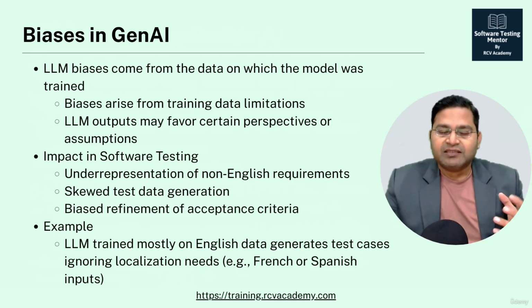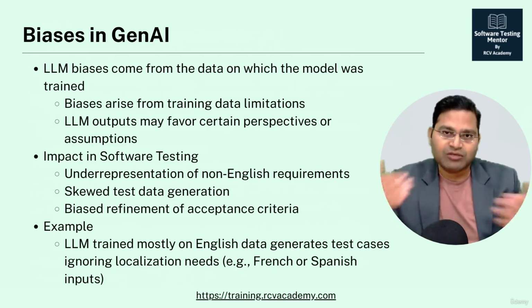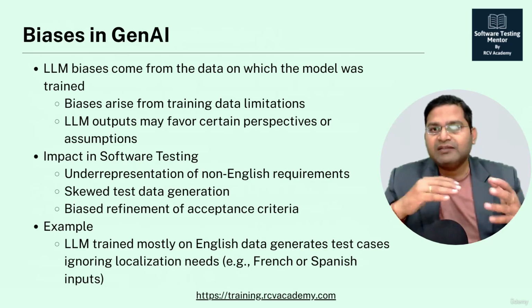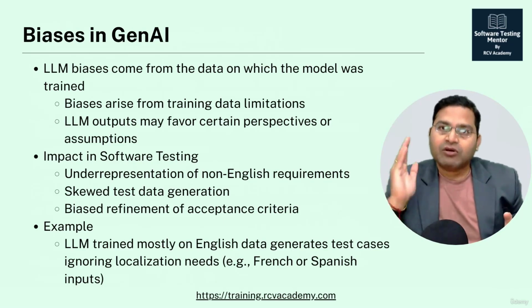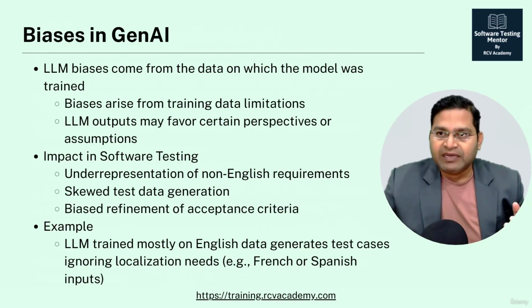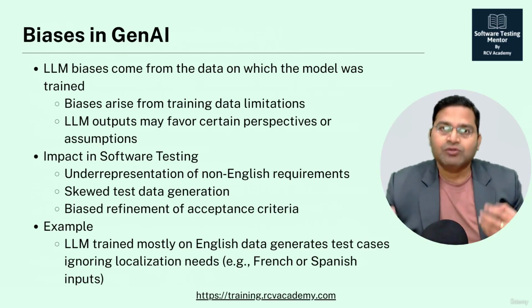So you are actually training the model, which is basically like training the child. You feed in wrong information, wrong data, wrong practices to the child, and the child might then consider those things as good in future.